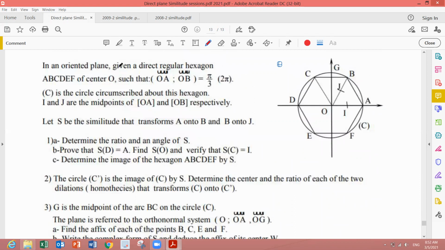In the oriented plane, given a direct regular hexagon ABCDEF of center O. You know what's a regular hexagon. With the angle OA, OB equal pi over 3. This angle is 60.